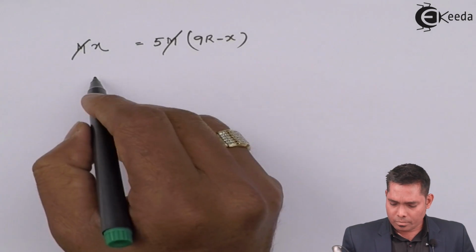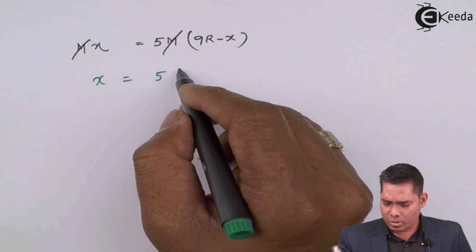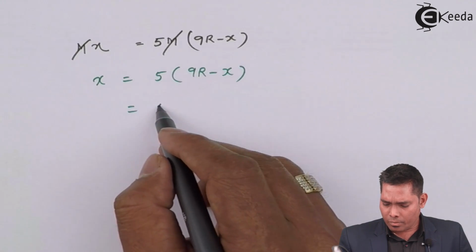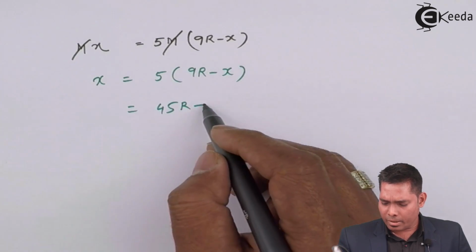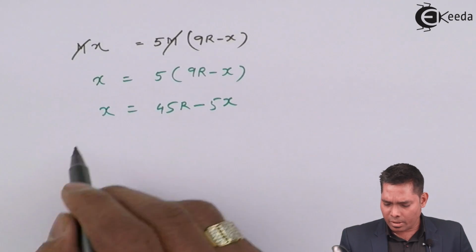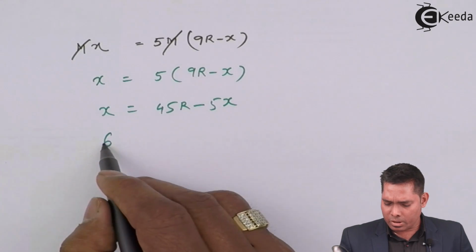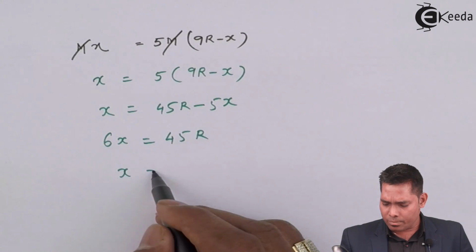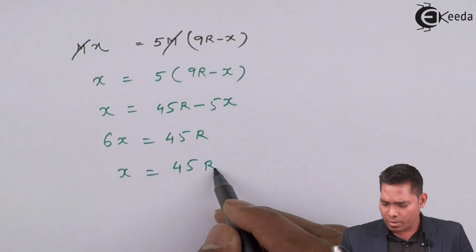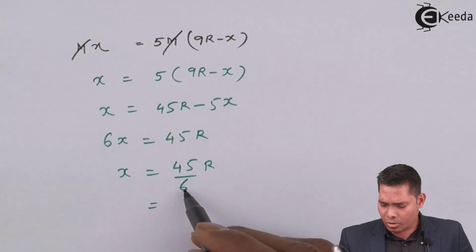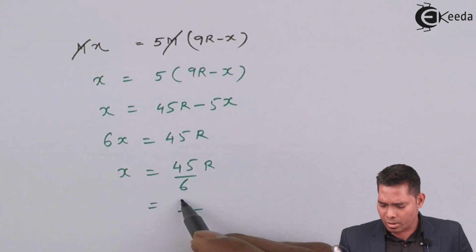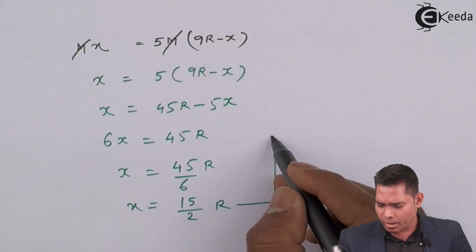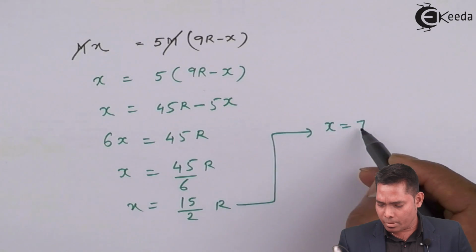Then x is 5 into 9r minus x, that is 45r minus 5x. So 5x comes to this side, because 6x is 45r. So x becomes 45r divided by 6, which is 15r over 2, so x is 7.5r.